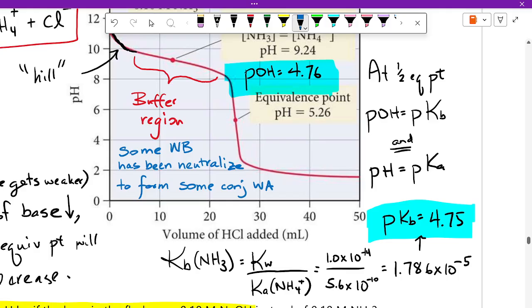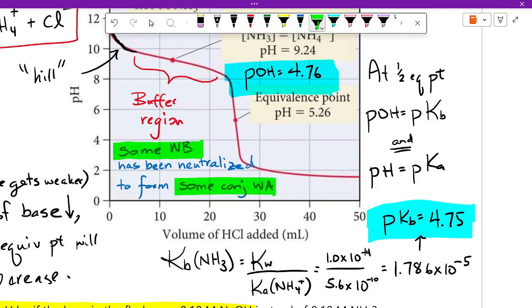So some of the weak base in this section of the curve here has been neutralized to form some of the conjugate weak acid. And what do we have if we have some weak base and some of its conjugate weak acid?